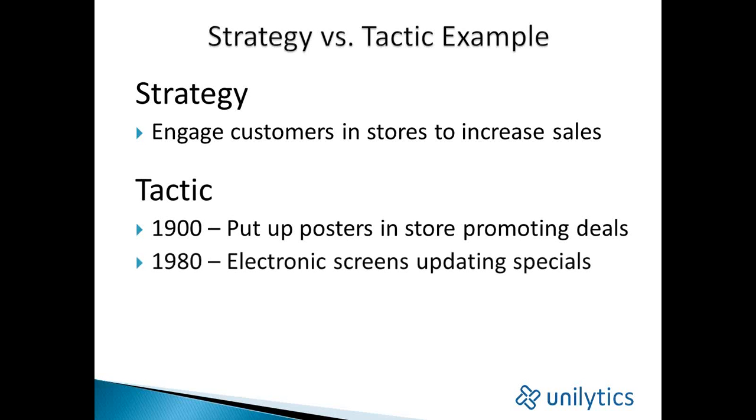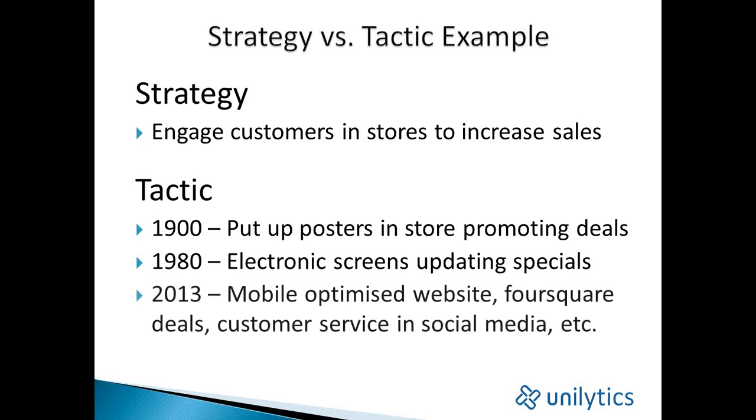In 1980, it might have been to put up electronic screens updating specials, and in 2013, it might have offered a mobile website that was optimized for that, Foursquare deals and customer service in a social media setting. So the strategy remained the same, but the tactics changed, and that's a good example of the difference between the two.